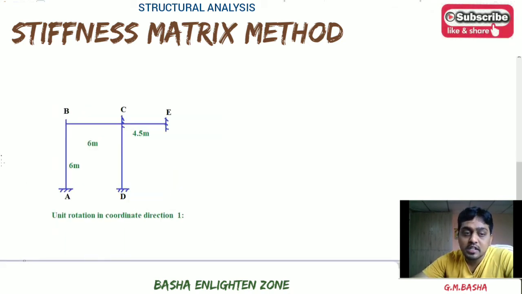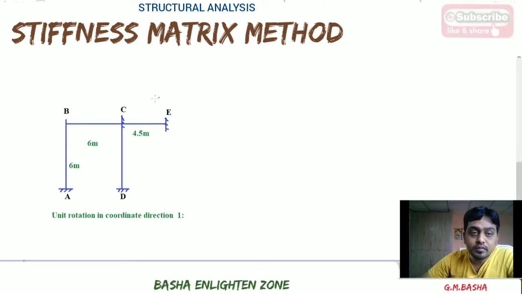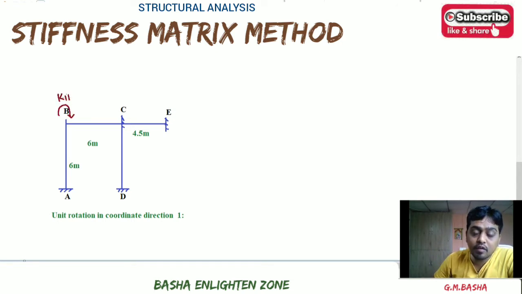What I am saying is, if you observe clearly, we are releasing the fixity at B and applying a unit rotation at B. Here I am applying the unit rotation at B. So releasing fixity at B and applying unit rotation at B is denoted with K11.